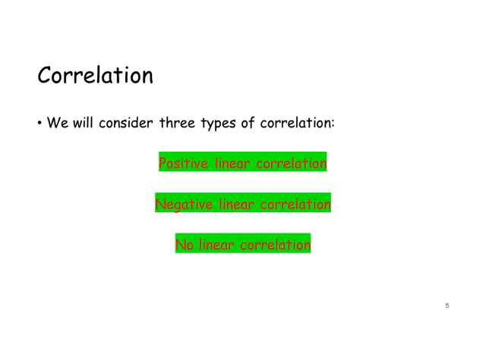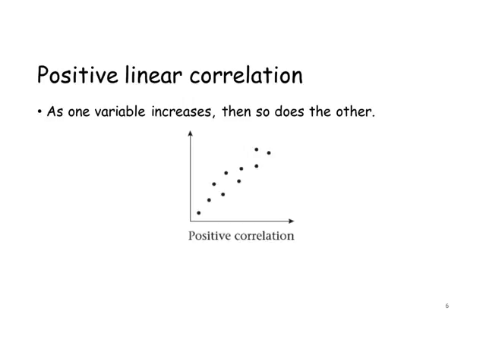And the first one, positive linear correlation. And this is where one variable increases, then so does the other. We can see, if we consider from this point to this point, then as you can see on the diagram, as the horizontal variable increases, then the vertical variable also increases.